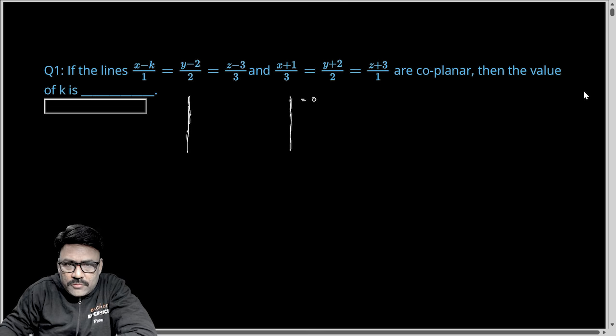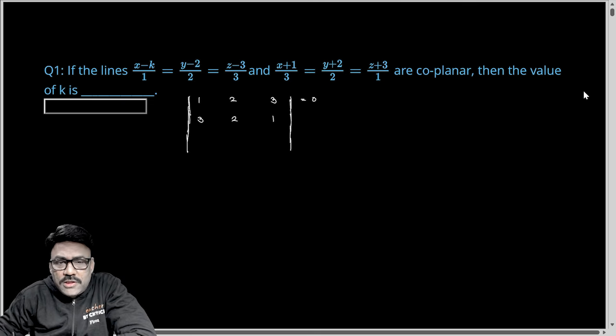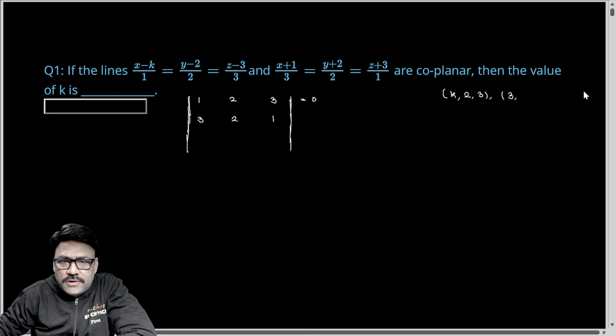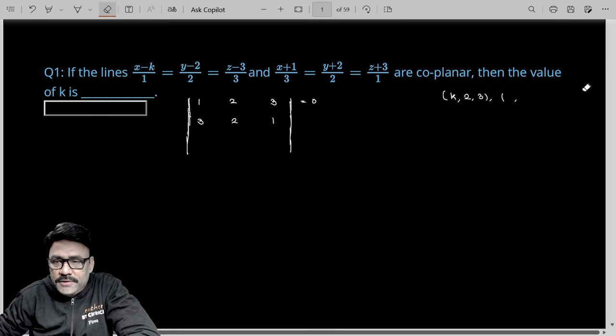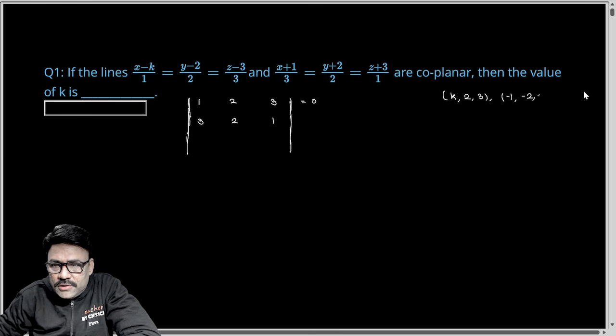So, in the first row, you will write the direction ratios of the first line, which is 1, 2, 3, the denominator. In the second row, you will write the direction ratios of the second line, which is 3, 2, 1. And in the third row, you write the difference of the points on the line. One point, see the point on the first line is K, 2, 3, and the point on the second line is -1, -2, -3.